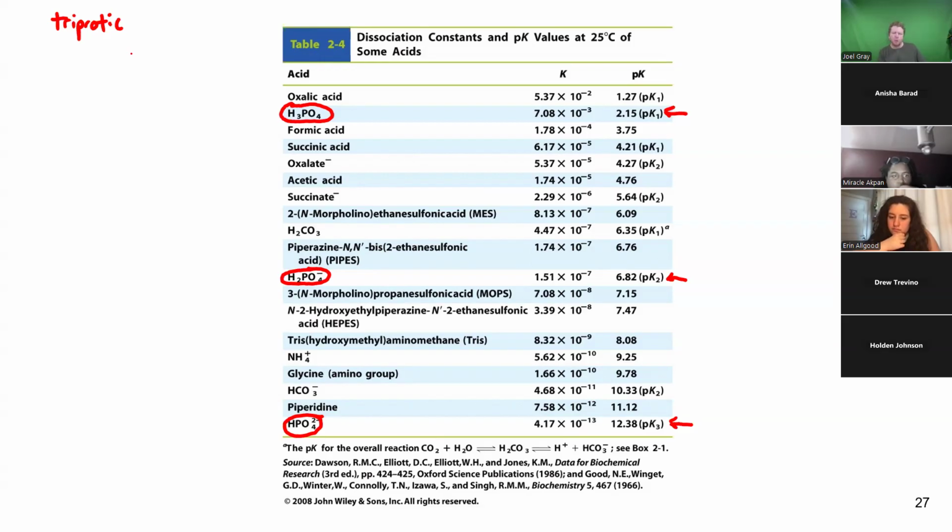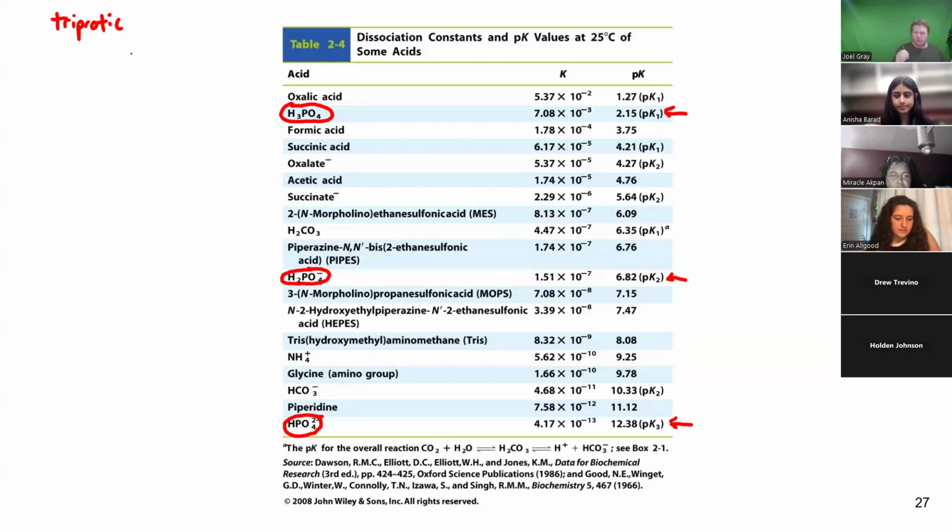So H2PO4 minus does have 2 protons that it can still lose. But let me rephrase. I needed to correct my question. When something's fully protonated and it only has 2 protons, find one. So that was my bad on the question there.